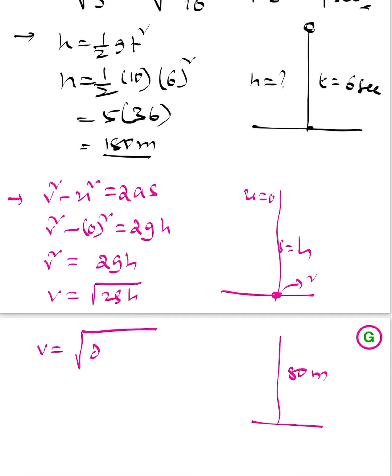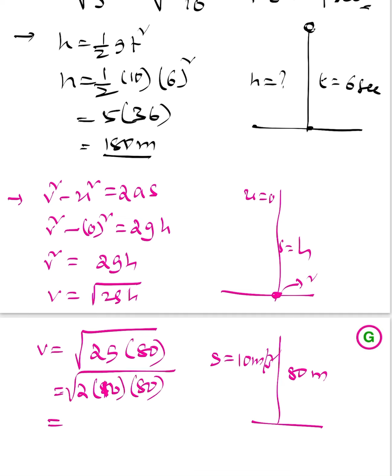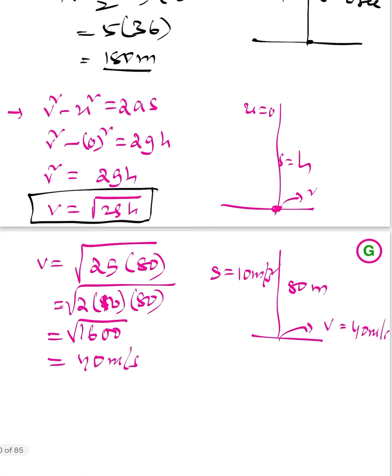Root over 2g h, with h as 80 and g as 10 meter per second square. So 2 into 10 into 80 is 1600. Under root 1600 is 40 meter per second. So while touching the ground, before it comes to rest, the velocity is 40 meter per second. This is the third equation of motion for falling bodies.